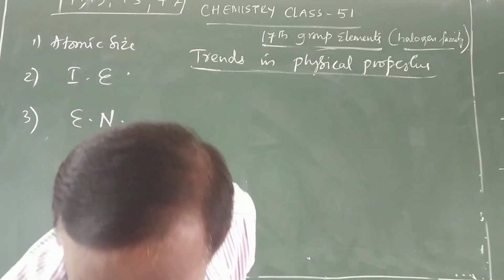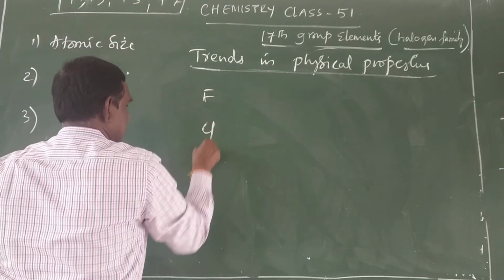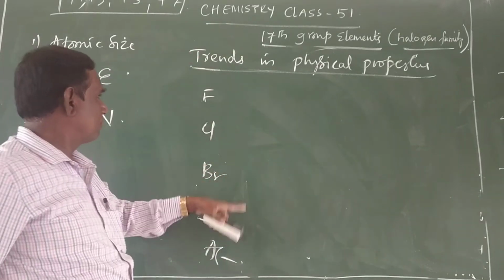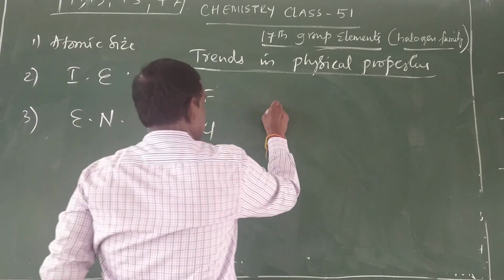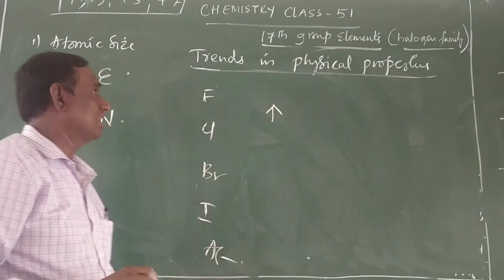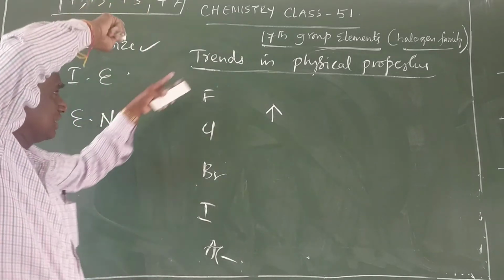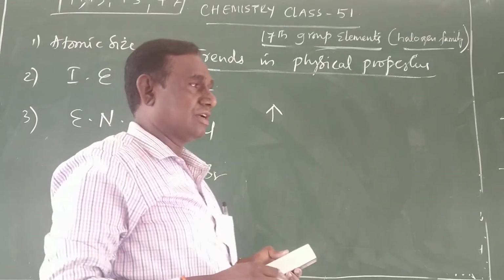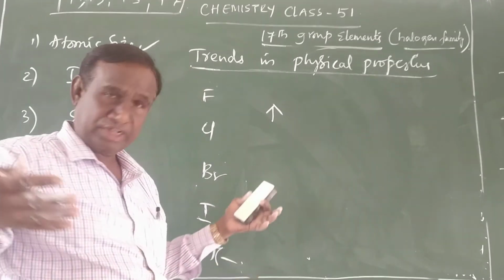Generally, atomic size differs among F, Cl, Br, I, At. As you go down from fluorine to astatine, the atomic size increases. Generally the atomic size of all the halogens increases from fluorine to astatine, due to the decrease in the effective nuclear force.